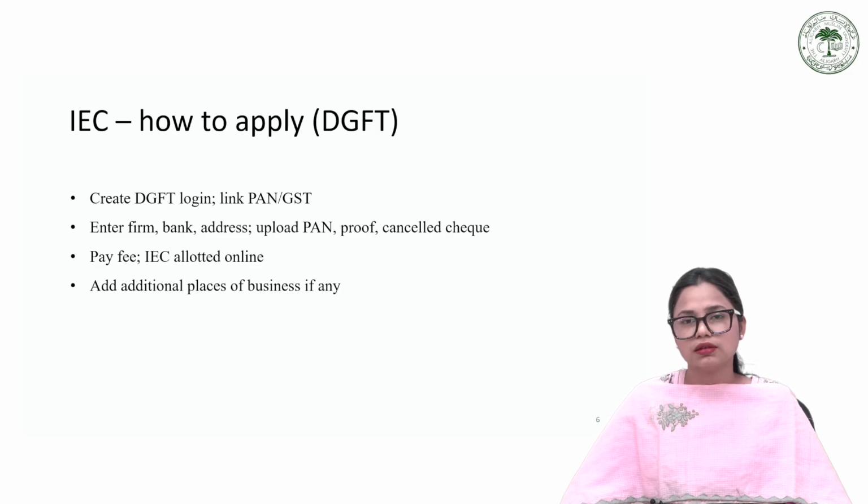Link this registration detail with the PAN or GST number. Once it is linked, then you enter your firm details, your firm name, the address, bank, upload your PAN as a proof and a cancelled check. Then you pay the fee. The IEC will be allotted online.